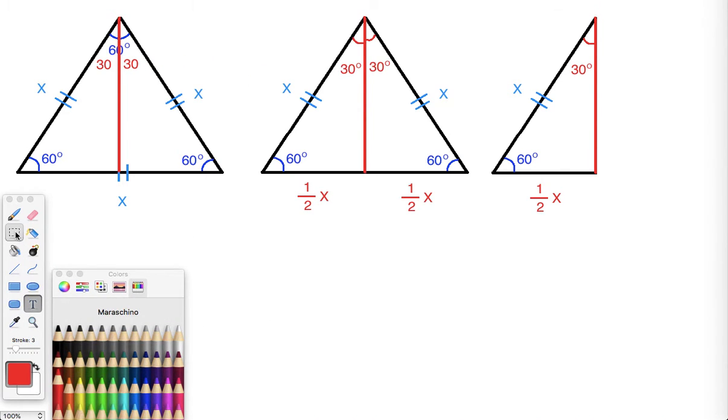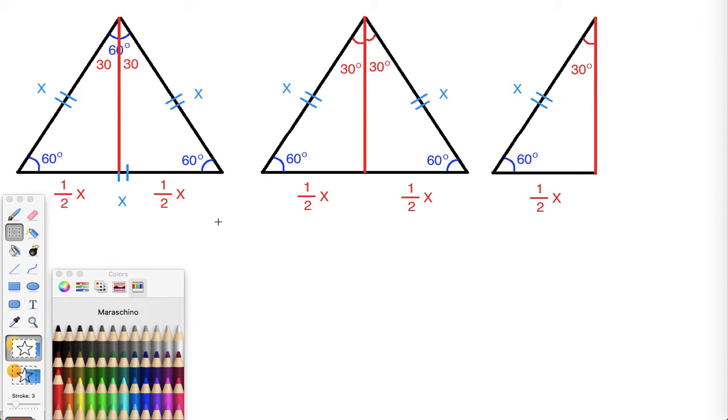Looking at this bottom part, all the way from the left to the right side, that is length x. And now that I cut it in half, the left side is going to be 1/2 of x, and the right side will be 1/2 of x.